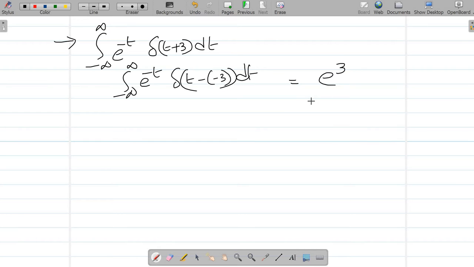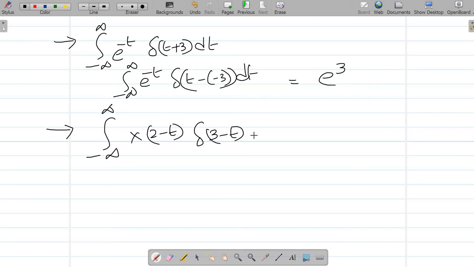Let us take one more example. Let us evaluate this: x of 2 minus t into delta 3 minus t dt. Now here, before we actually solve this problem, let us try to understand some concepts.